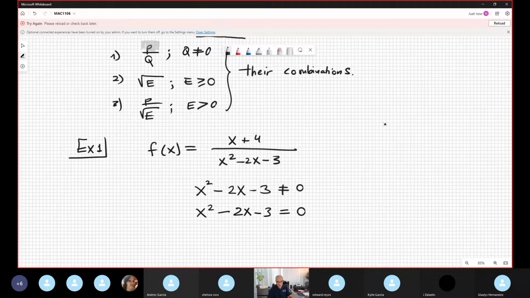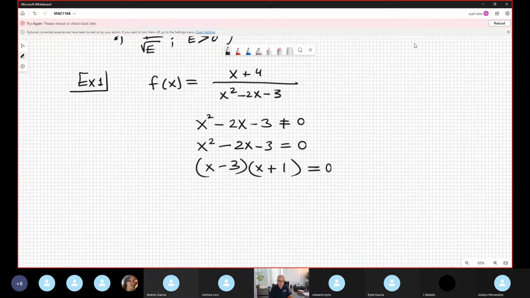We are strong doing this. In this case, factorization is possible. Is 3 and 1, no? 3 times 1 is 3, and 3 minus 1 is 2. So the signs are negative and positive. Therefore, it's obvious that one solution is 3 and one solution is negative 1.